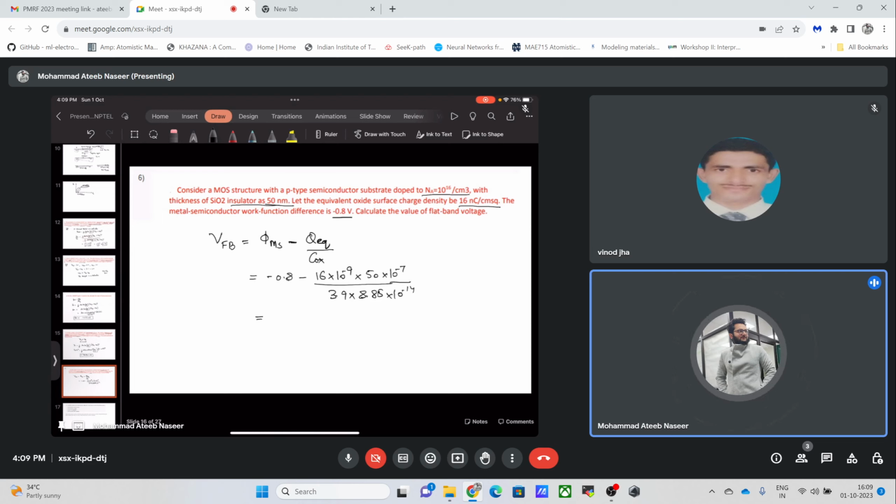So let's solve for this value. It comes out to be equal to minus 0.8 minus 0.2317. So the flat band voltage is simply minus 1.03 volts.